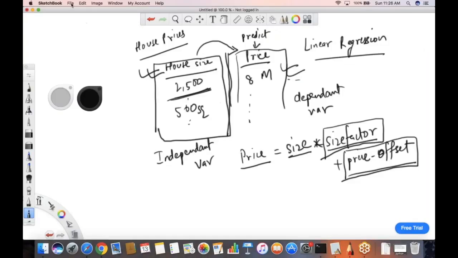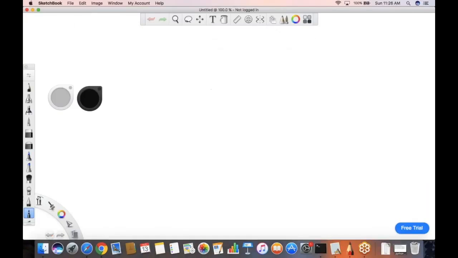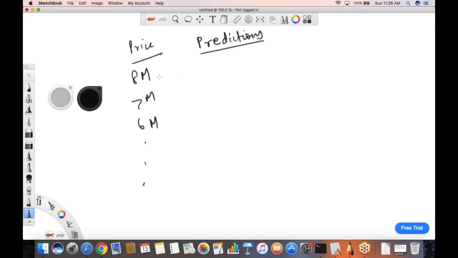Okay, so what is this thing? Let's say we have some house prices. So let's say this is 8 million, this is 7 million, this is 6 million, and so on. Okay. Now, what we are doing is we are making some predictions, right? And let's say for this house, we predicted 6 million. And then for this house, we predicted 8 million.